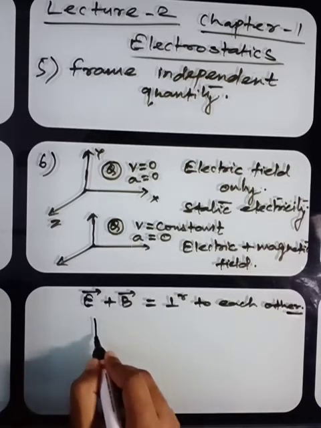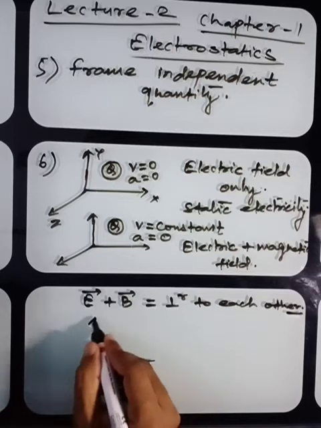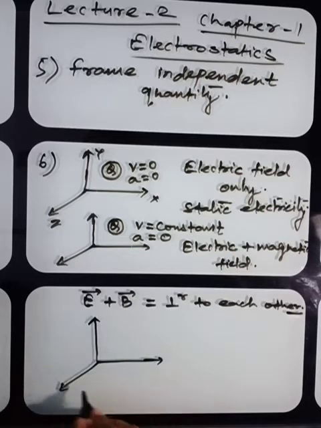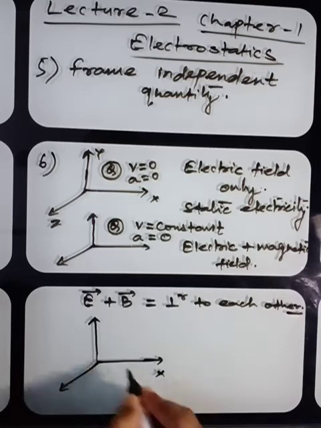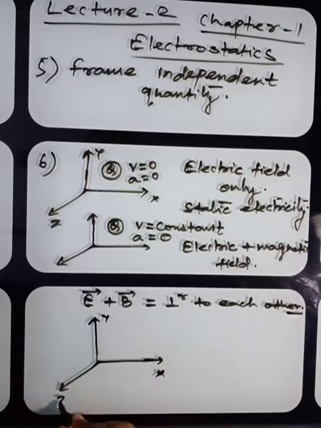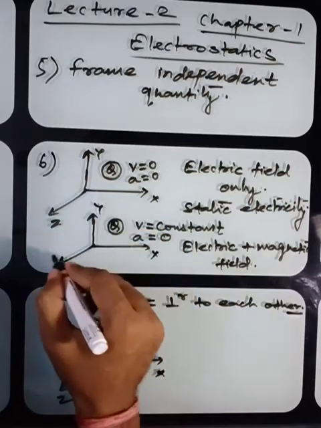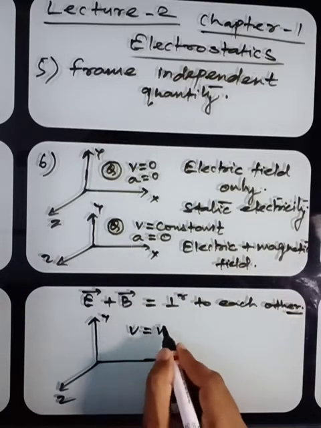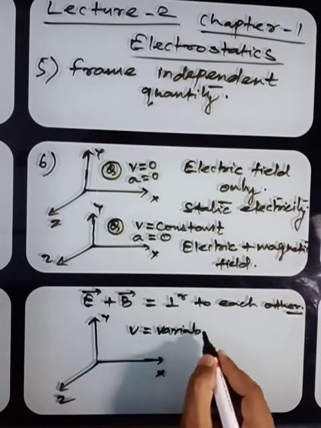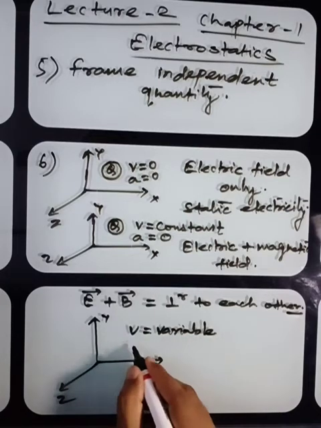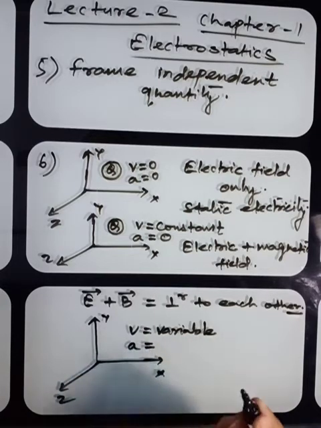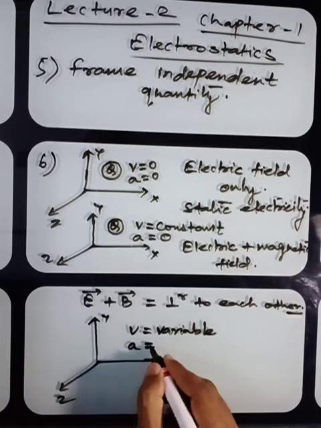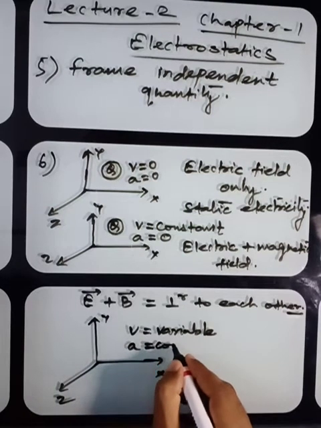Third, if the same charge is moving with variable velocity, what will happen, students? Acceleration will be constant, but not 0.